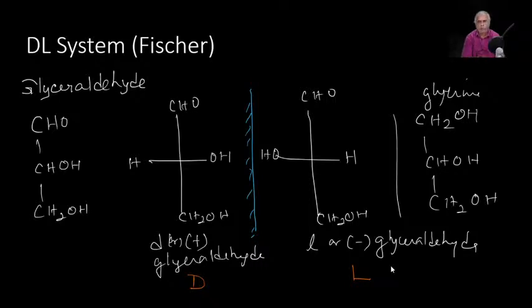By convention, you have to always write the oxidized group at the top and the unoxidized one, that is the reduced part, at the bottom. When you have got CHO and CH2OH, CHO is the oxidized part, that should be given at the top, and at the bottom you have to write CH2OH. Okay, so please mention that.